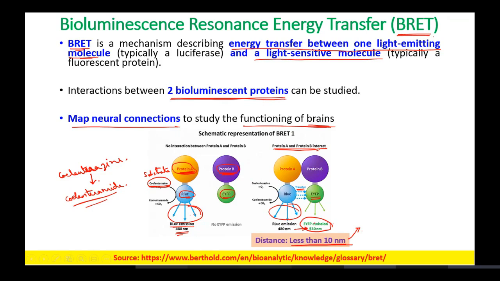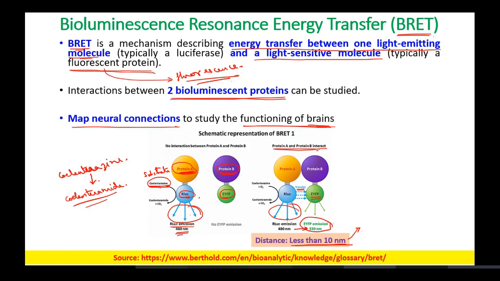If you see herein, I have told you that there is a fluorescent protein. EYFP is a fluorescent protein. When I am talking about a fluorescent protein, that means there is a process of fluorescence happening within the system. But in the case of fluorescence, we have discussed that there is a need for a source.